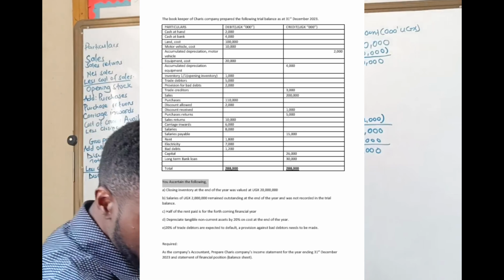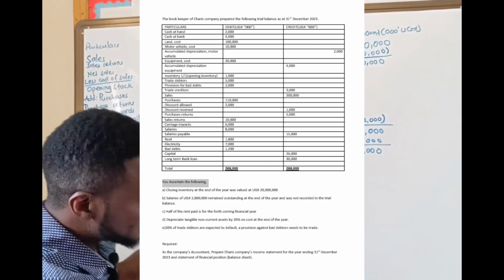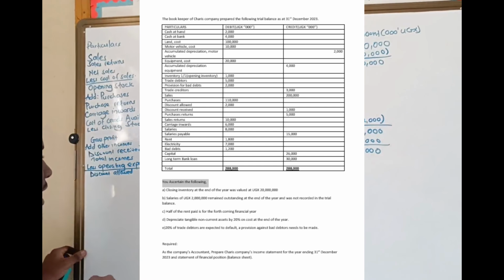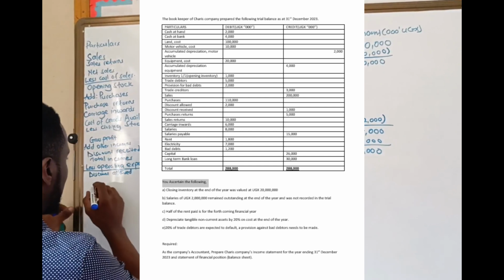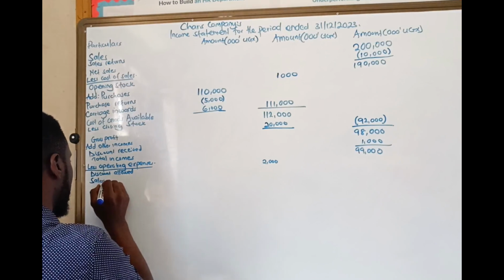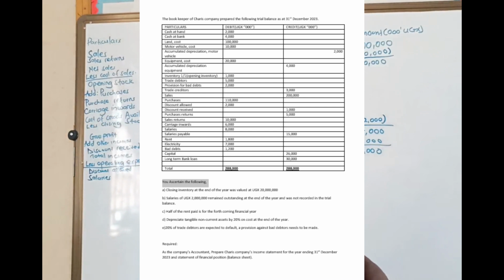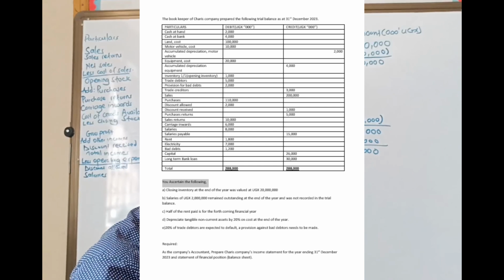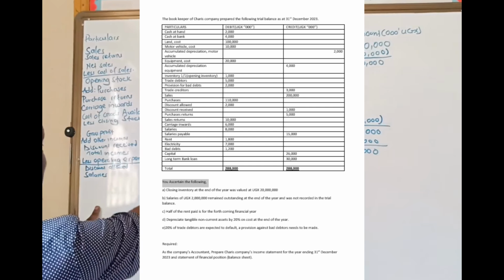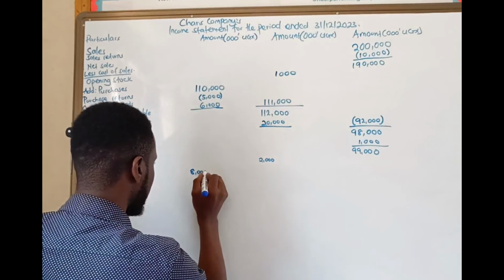Then we also have salaries. Actually, salaries had additional information, so we're going to adjust. So we say salaries. But remember, in the additional information, they said there are certain salaries which remained outstanding. So these salaries were worth 2 million. So we shall first get the total amount of salaries that we have, which is 8,000.